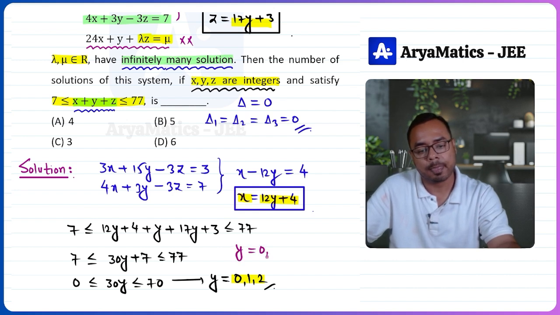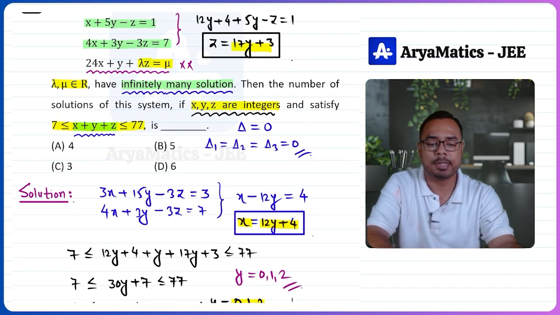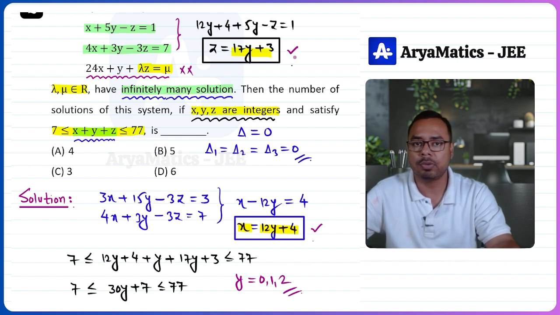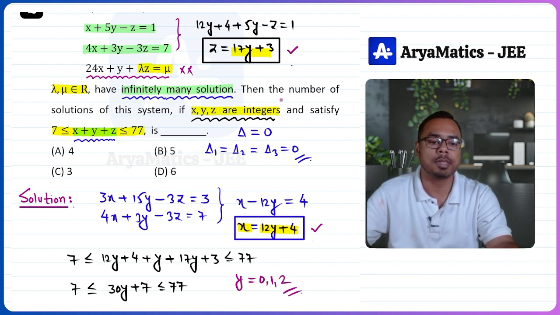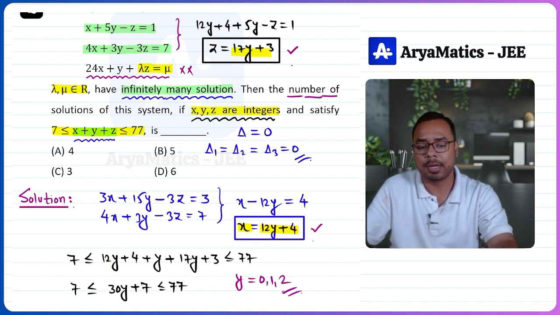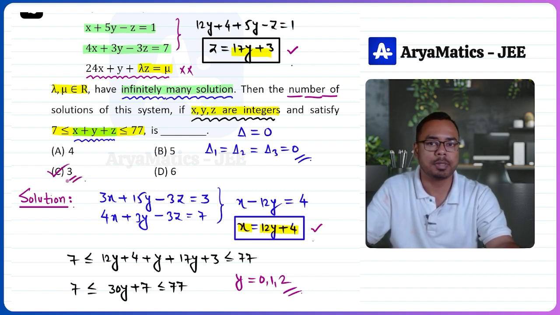Each integral value of y will give us some value of x and some value of z. The problem was that we need to find the number of solutions of this system satisfying the given condition. We do not need the exact solutions, we need the number of solutions. So there are three solutions, right? Therefore the correct answer for this problem will be option C.